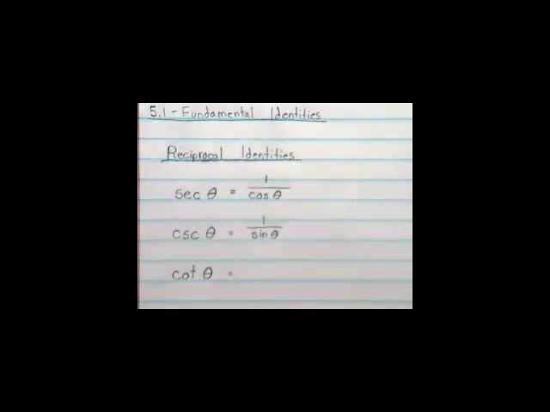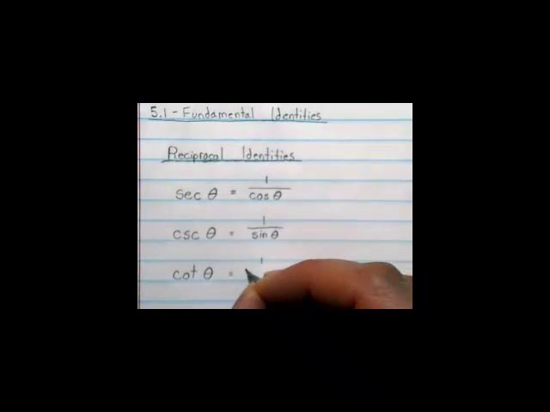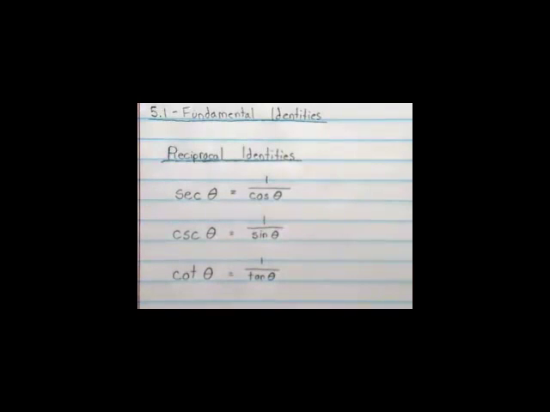And then we also had cotangent. And what is cotangent equal to? 1 over tangent, right. All right, so those are 3 of the reciprocal identities.